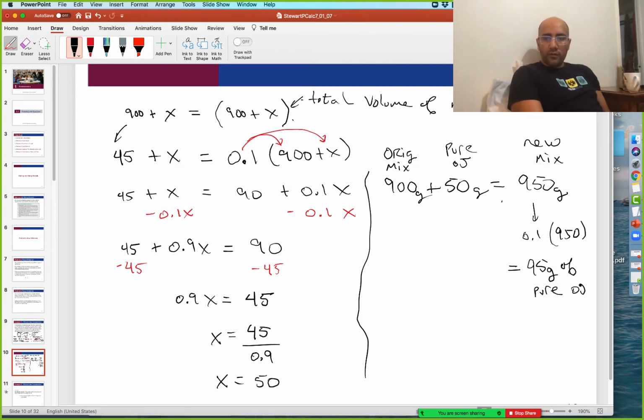Okay, and then over here, well, the original mix was only 5% OJ, so 0.05 times 900. That was going to be 45. So the original mixture had just 45 gallons of pure OJ.